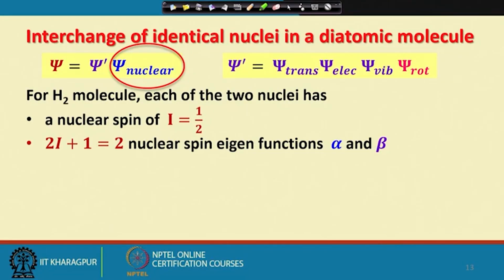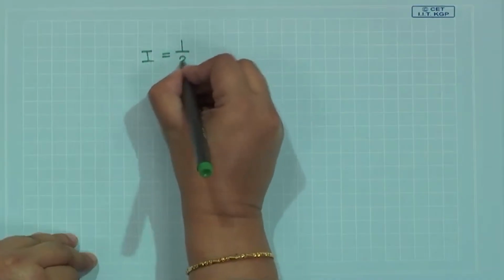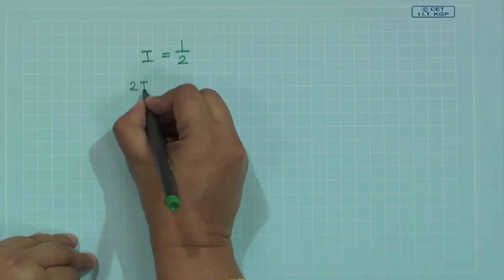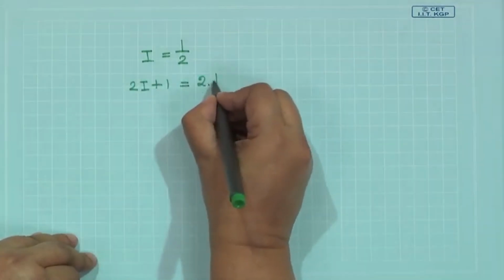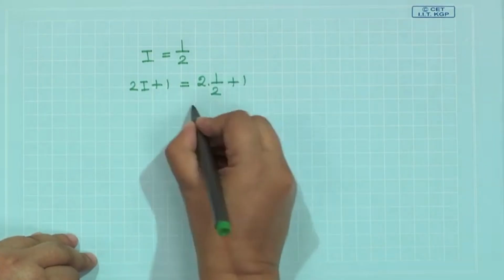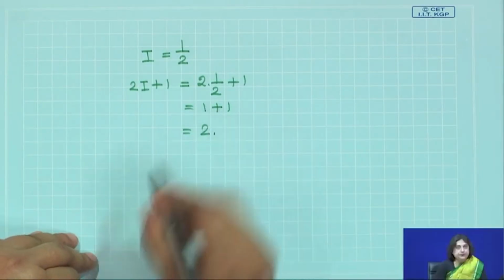There will be 2 such nuclear spin eigenfunctions. If you have a nuclear spin I, how many nuclear spin eigenfunctions do you expect? 2I plus 1. Now, when I is equal to half, 2I plus 1 is equal to 2 into half plus 1, that is equal to 1 plus 1, that is equal to 2.